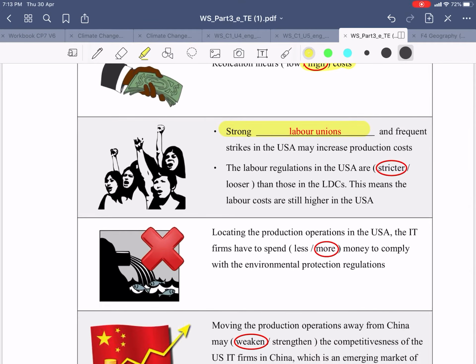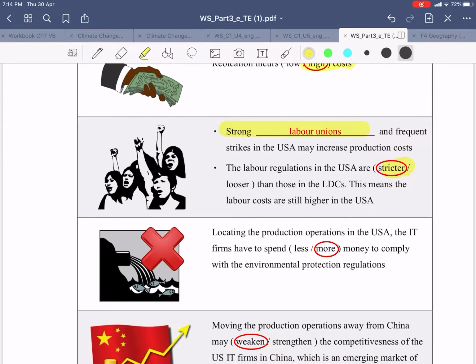Okay, and there are strong labor unions in the United States. The labor is very united and fights for their own rights, so it can increase the production cost for the United States employer. The labor regulation is strict, so it also increases the labor cost.